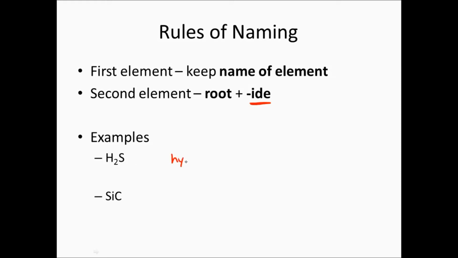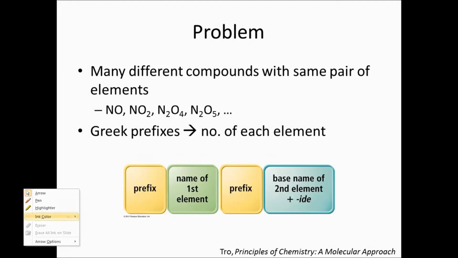We will write hydrogen because that's the first one, and sulfur would become sulfide, and silicon, SiC, will be silicon because that's the one closest to the bottom left. Carbide, carb-ide.